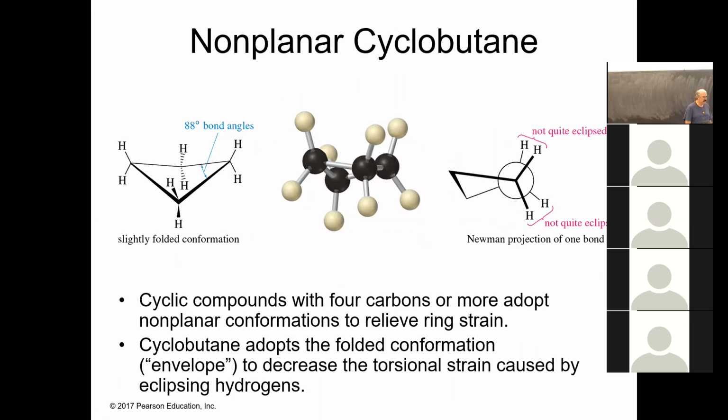In cyclobutane, some of the strain can be relieved by folding the 4-membered ring. I'm going to get out a model here.